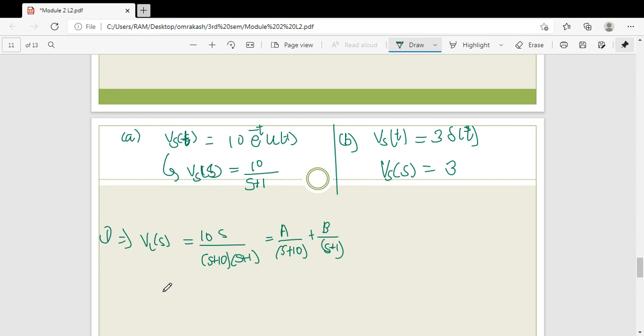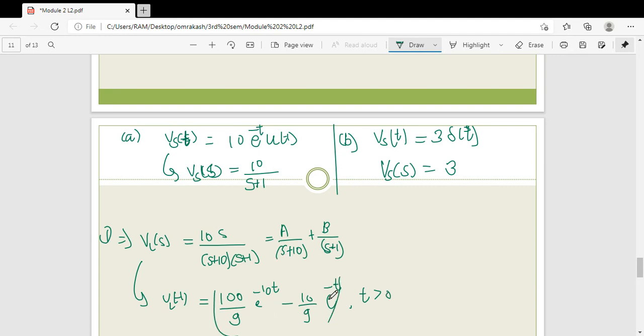When you take the inverse Laplace transform, you will find VL of t is nothing but 100 by 9 e to the power of minus 10t minus 10 by 9 e to the power of minus t for t greater than or equal to 0.